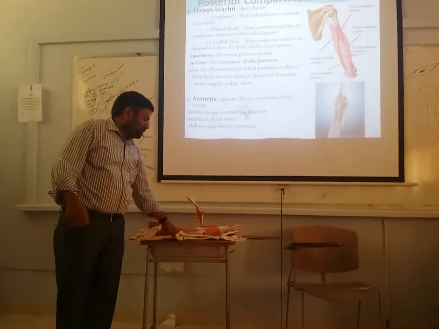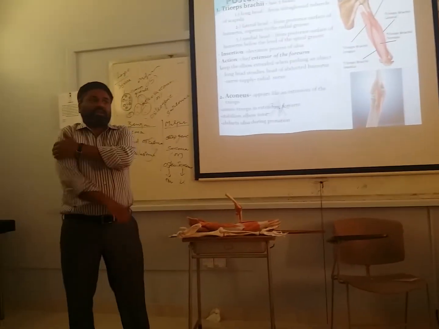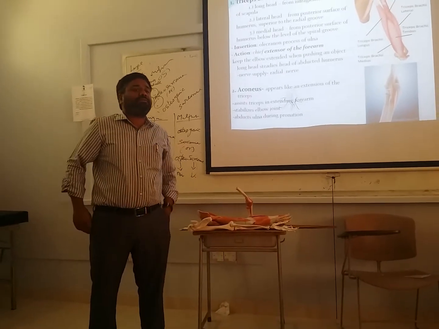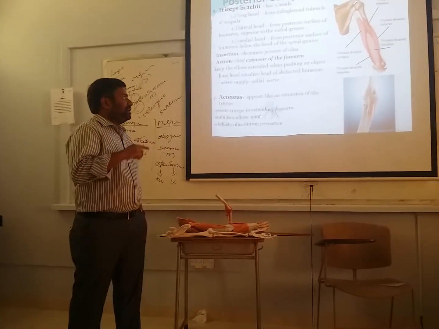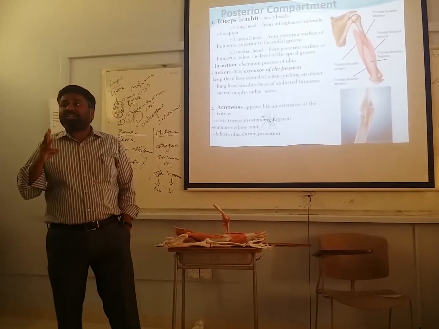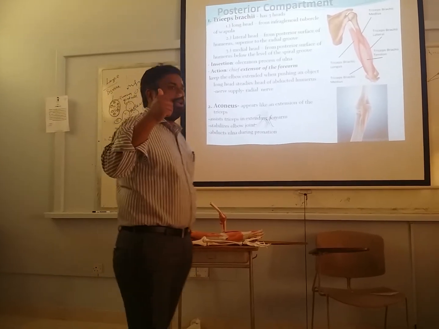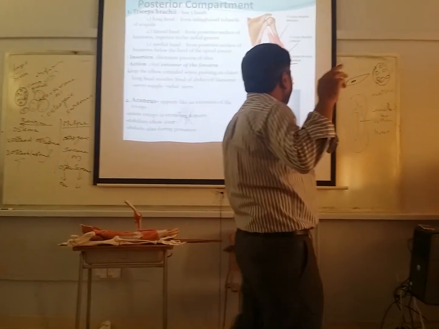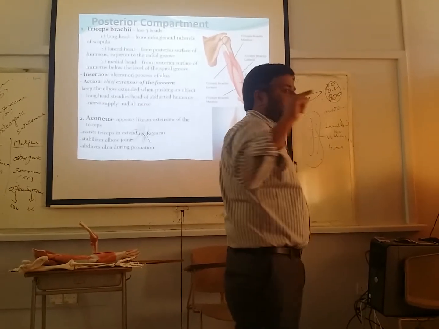Which nerve is there in the posterior compartment? Radial nerve. So radial nerve supplies the triceps. So one point here, as the triceps is having three heads, long head, medial head and lateral head. Try to follow my words carefully.